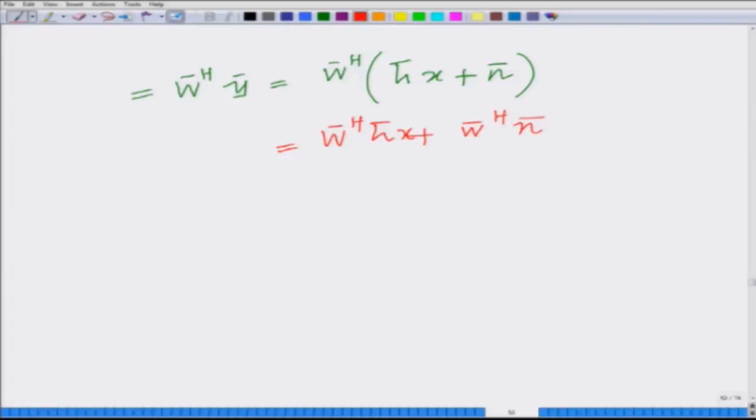This is the signal part, and this is the noise part.